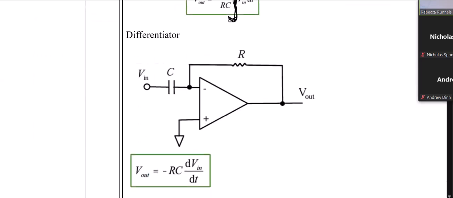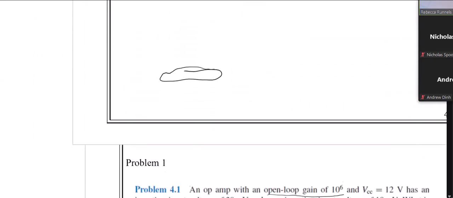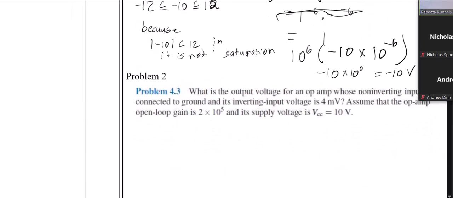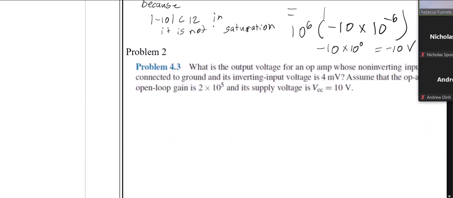Okay, so now let's do our second non-ideal op amp. I promised that I was not doing an electronics SI because I would have a lot of reviewing to do before that.